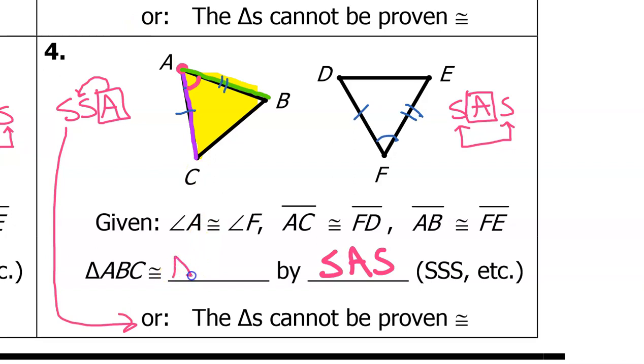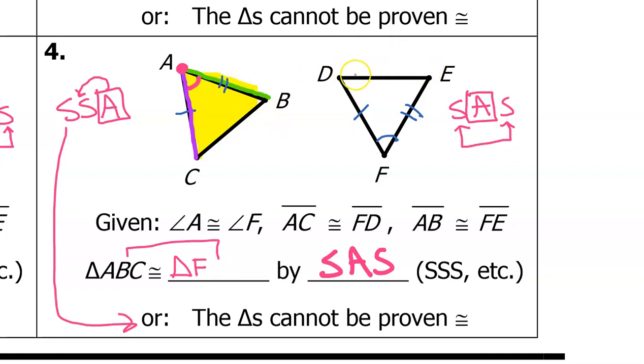So triangle ABC is congruent to triangle... well, A corresponds to F. So let's go ahead and mark that first. Okay, so now be careful. The next angle needs to be the one that corresponds with angle B. Notice that angle B is touching the double mark.